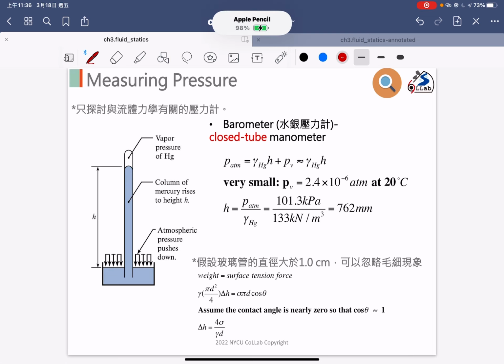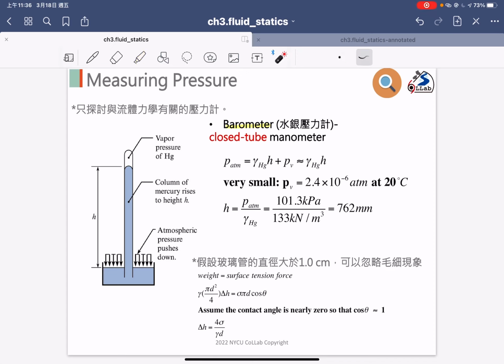Now the topic we move to is how can we know the pressures. That is a very simple idea. We put the barometer, 水银压力计, okay? And the important thing here is we need to observe the rising height.